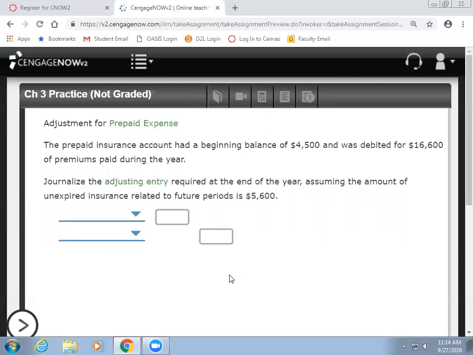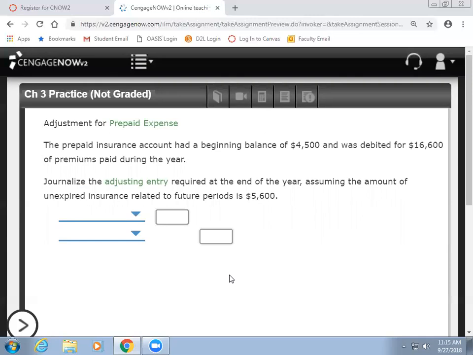Okay, and we recognized it as an asset, right? When we buy supplies, we debited supplies and credited cash or accounts payable. So we've already purchased this asset, and it's helped us earn revenue throughout the year. So now we just need to recognize the expense of having those supplies. So we need to calculate how many supplies have we used, and we'll expense them out. Or it could be, again, rent or insurance, anything that we've paid up front for, okay? So in this case, it's insurance.